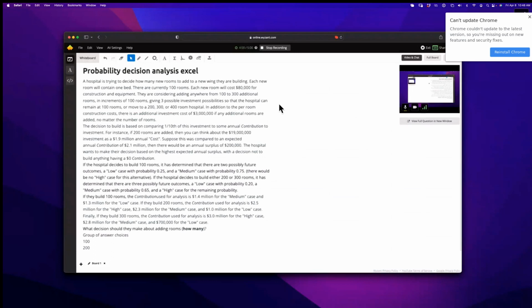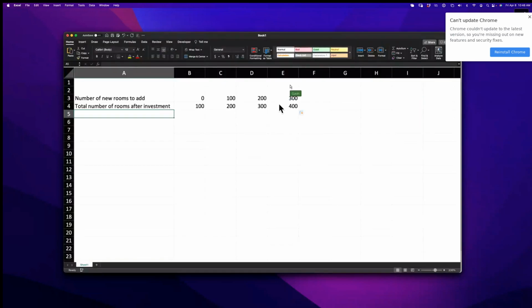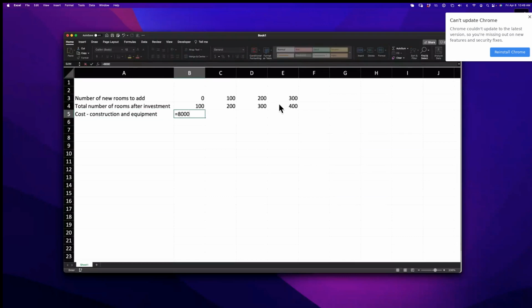Now, each new room will cost $80,000 for construction and equipment. So the cost of construction and equipment is equal to $80,000 for every room times the number of rooms we're going to be adding.